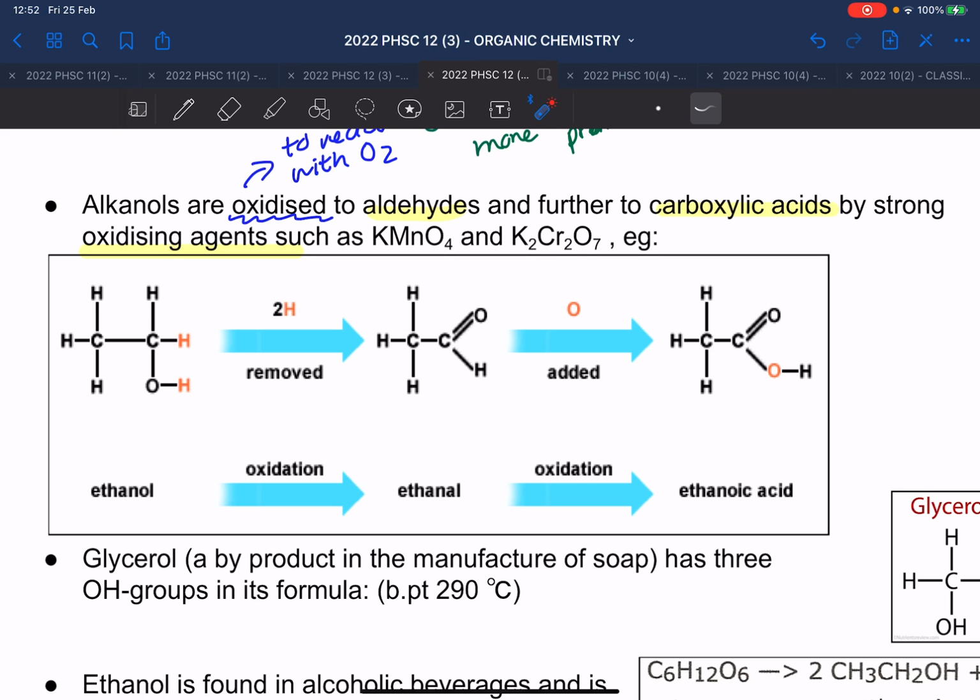I don't want guessing. Then you write this down: potassium permanganate, potassium dichromate, purple and orange.